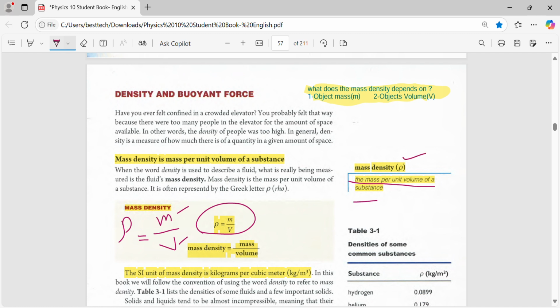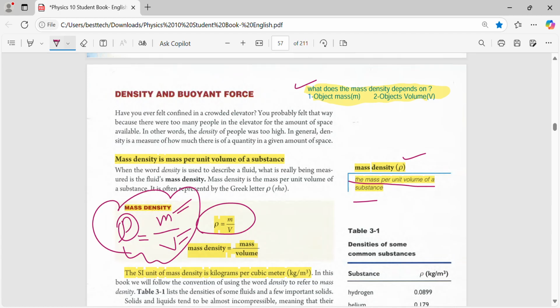We have a question. What does mass density depend on? Guys, in most lessons of physics, we can get the factor or the parameter it depends on from the rule. Actually, look, we have the rule. So density is equal to mass over volume. So the factors that can affect density are mass and volume.